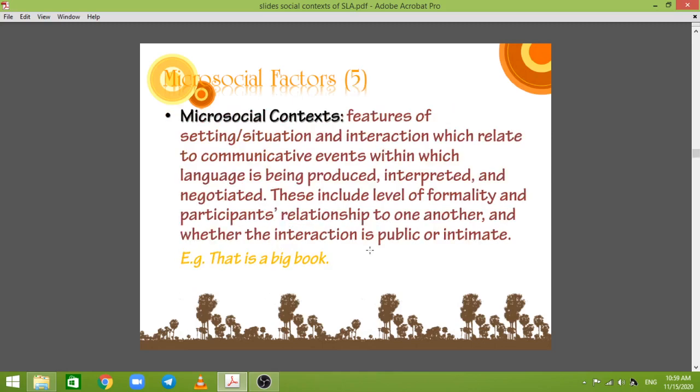Another one is micro-social context. It can be the feature of setting or situation and interaction which relate to a communicative event within which language is being produced, interpreted, and negotiated. This includes level of formality and participant relationship to one another, and whether the interaction is public or intimate.